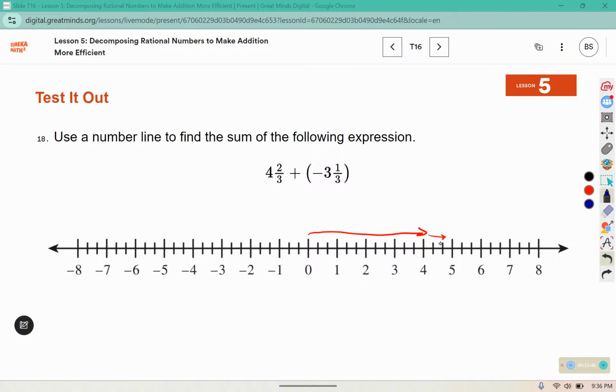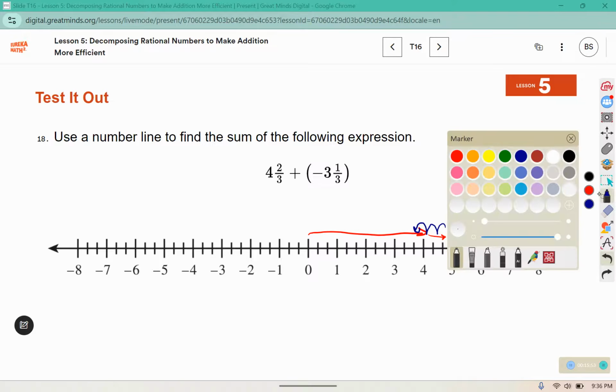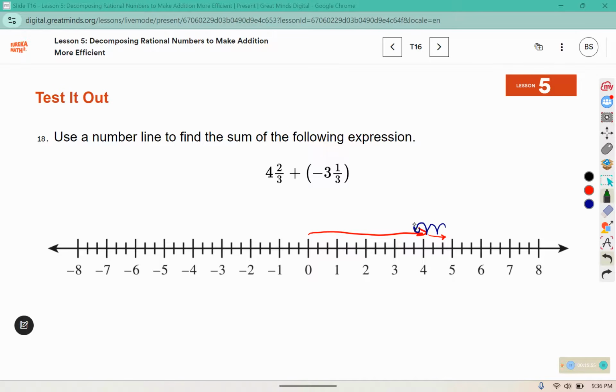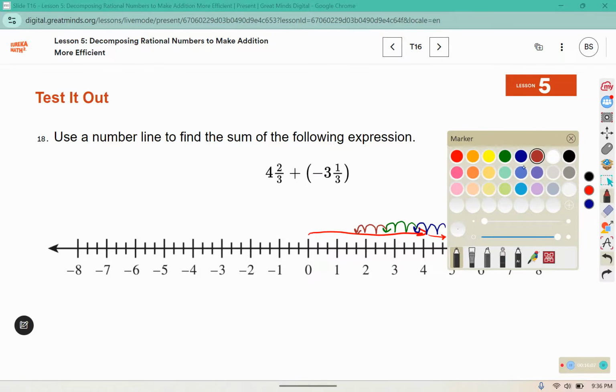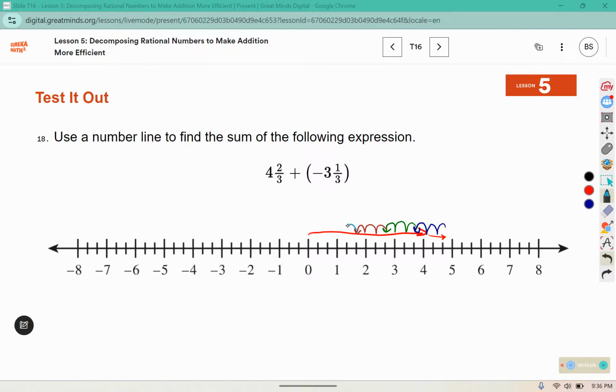Each whole number should be 3 marks. So we have 1, 2, 3. That would be 1. 1, 2, 3 for 2. 1, 2, 3 for 3. And then we need to go backwards 1 additional third. So 1 more mark. And that leaves us here, which is 1 and 1 mark out of the 3 to get to the next whole.